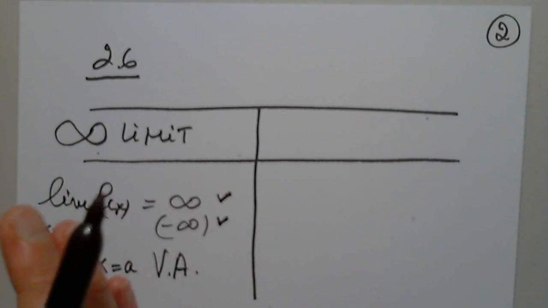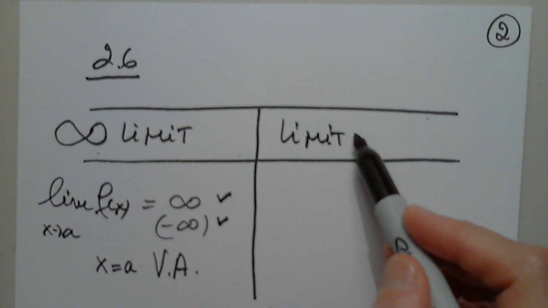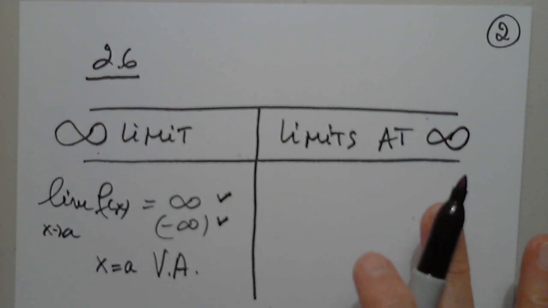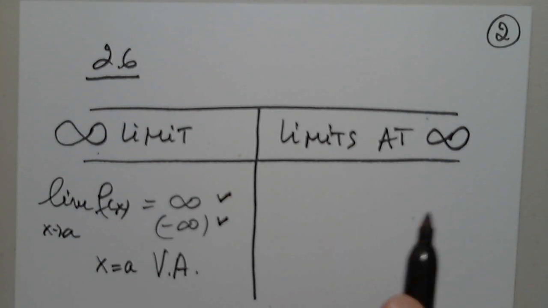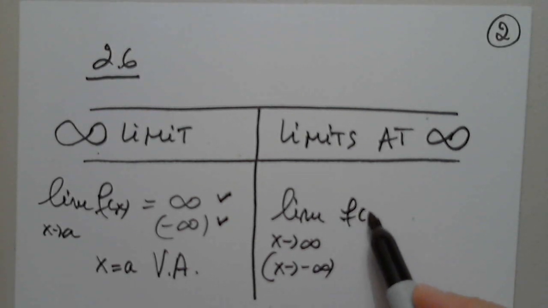This we discussed. Now, see the difference. Limits at infinity is a different story. Limits at infinity mean the limit as x approaches infinity or negative infinity of f of x.